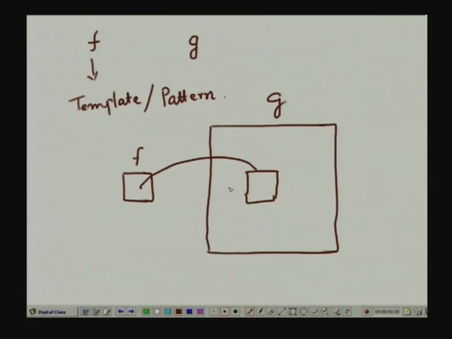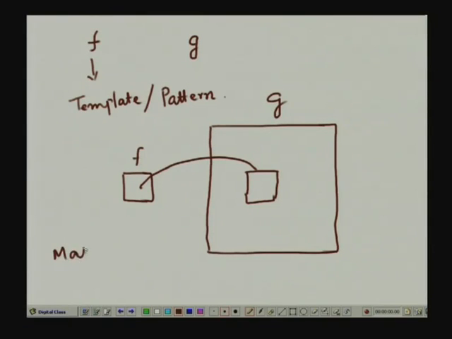To find where the template F matches best in the given image G, we have to have some measure of matching, which may be termed a mismatch measure, or the opposite of this, the match measure or the similarity measure.